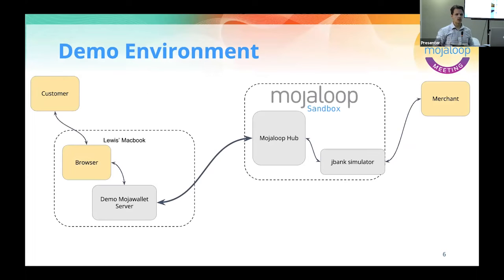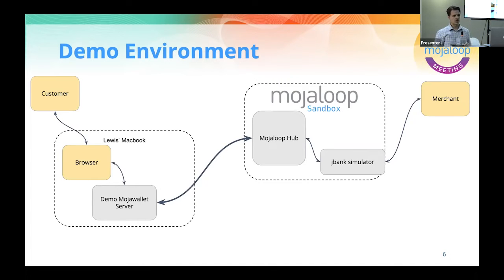And then just to give you an idea of what the actual environment looks like, I have on my computer demo Mojo Wallet, which was something developed by our friends at Coil that I decided we should extend instead of making a new demo from scratch. Demo Mojo Wallet then loads a web app. Now, in the real world, this would probably be someone's mobile app on their mobile device, or it could, as Paul was saying, be a USSD based flow as well.